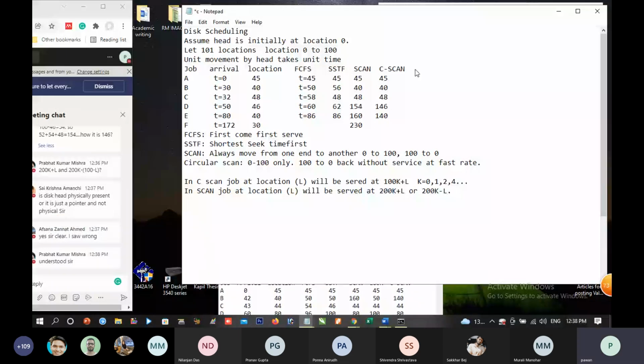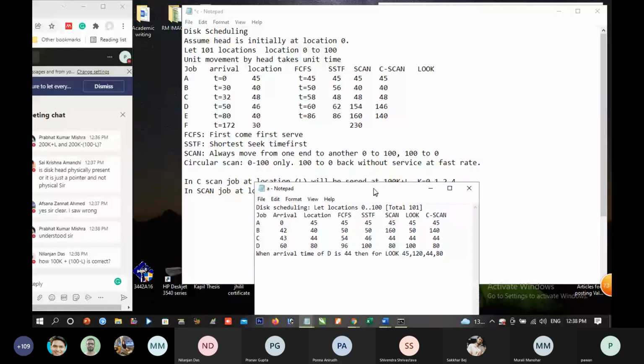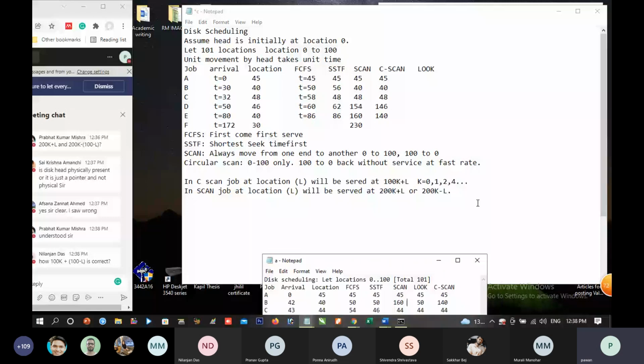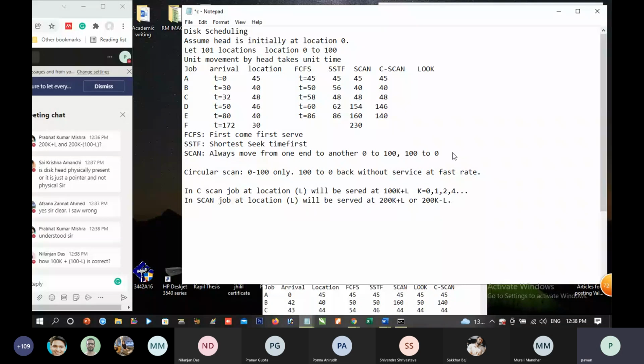Now we see the method of look. Look is similar to scan. Move, do not move beyond a location if no job available.